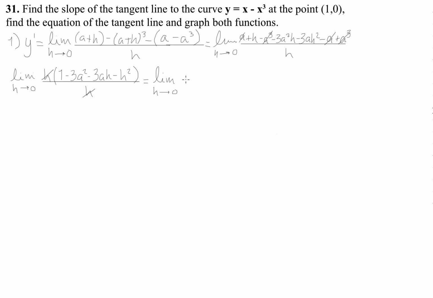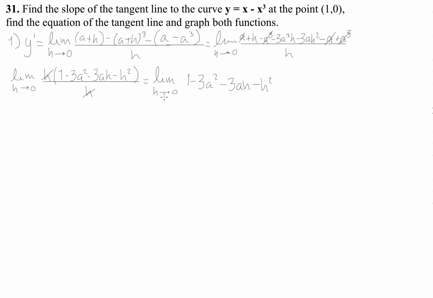So I write 1 minus 3a squared minus 3ah minus h squared.